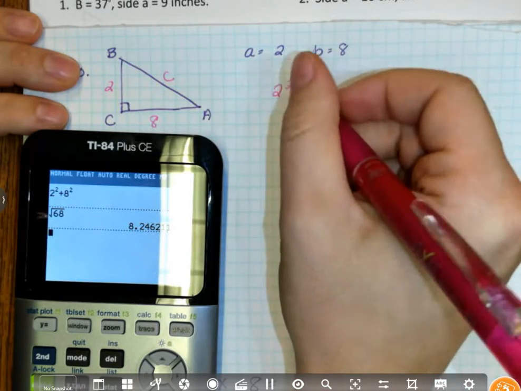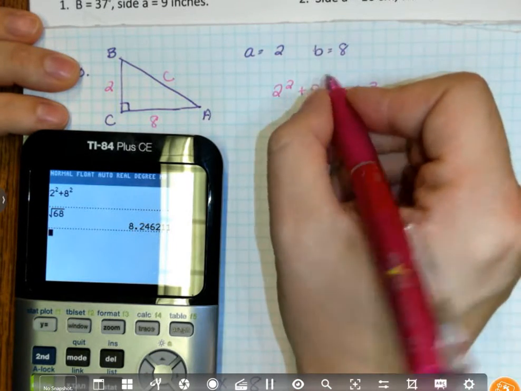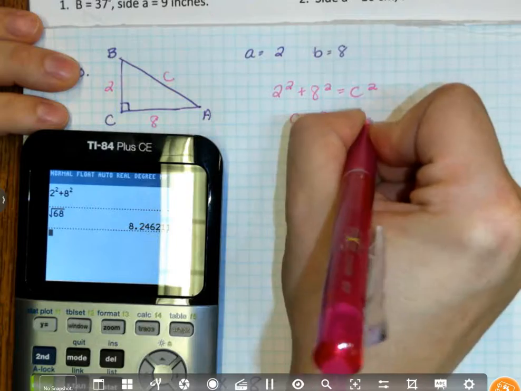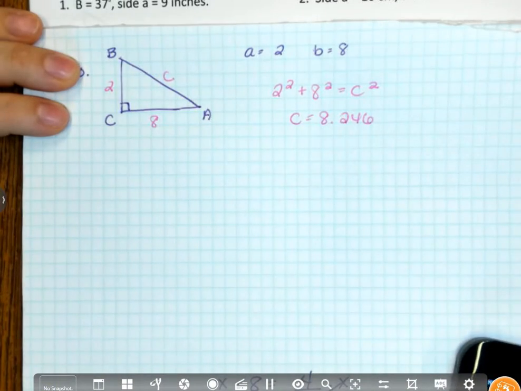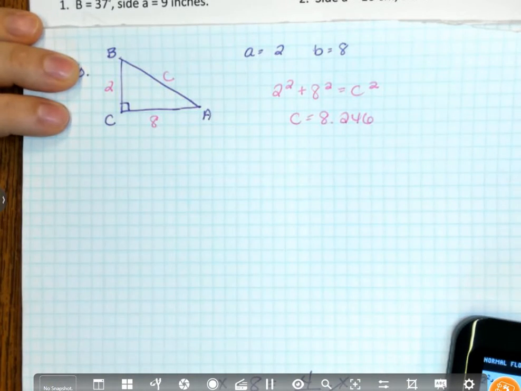If you can use your calculator, give me them decimals. Yes. So that would be C. As long as it was correct. Yep, every time round it to 3 decimals, to the 1,000th.